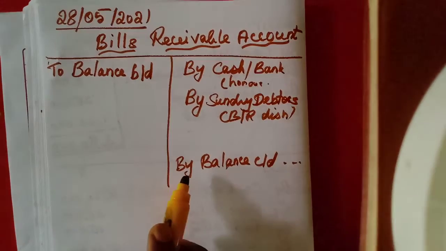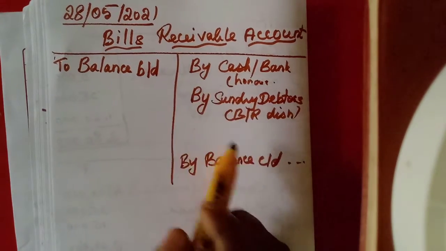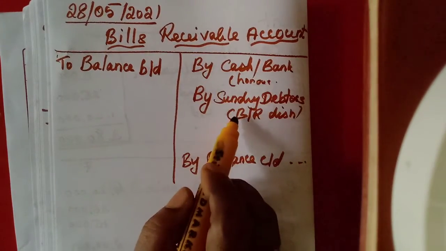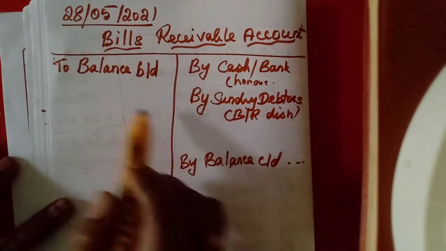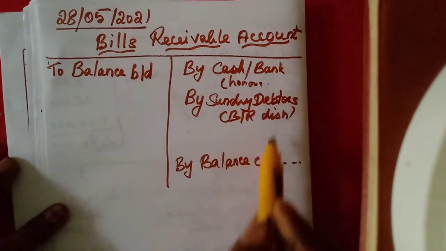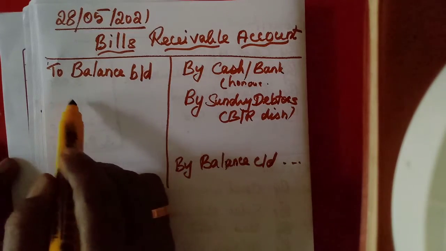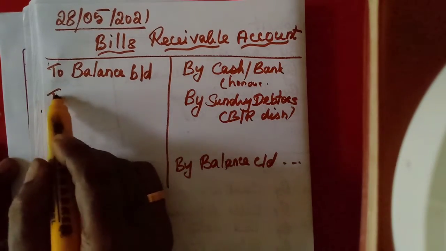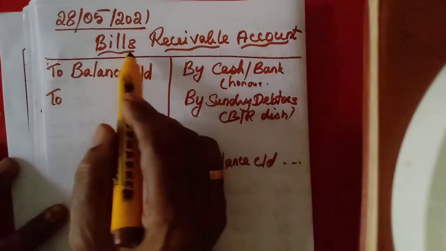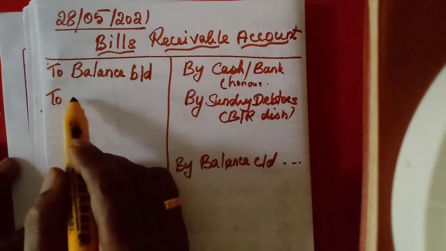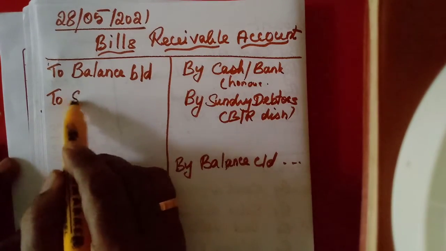Here there are not many items: one opening, closing, then receiving cash, dishonor. Then the balance. Either they will ask for this one, or the bills receivable we receive again. How much we have received, that we can find out. So bills receivable account debtor to sundry debtors account.